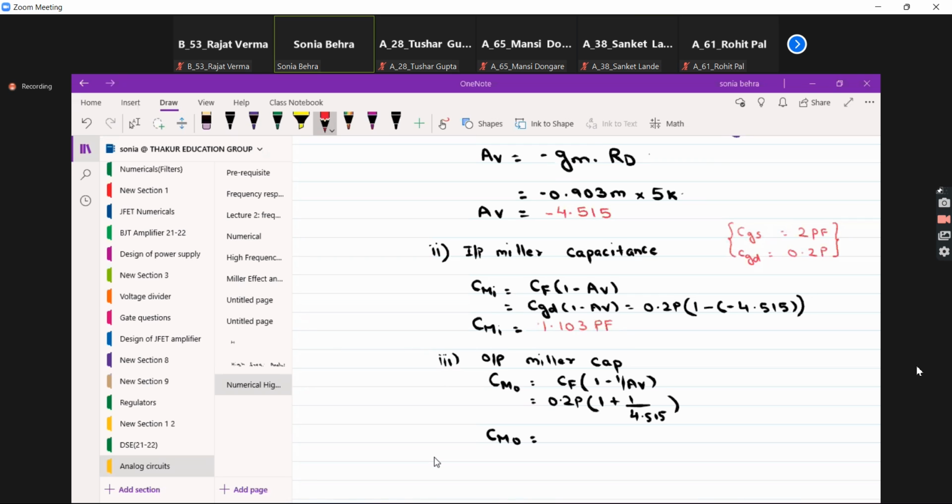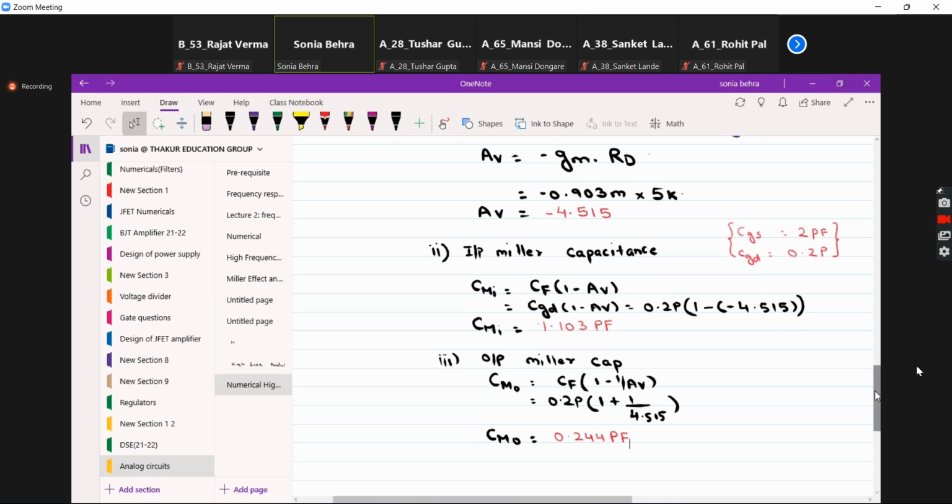So CMO we are getting as 0.244 pico. So you have got CMI and you have got CMO.